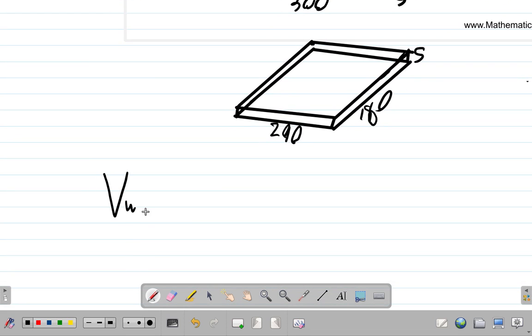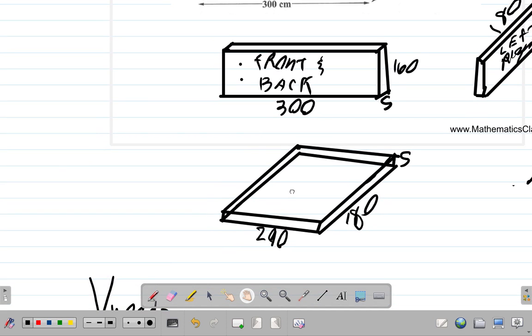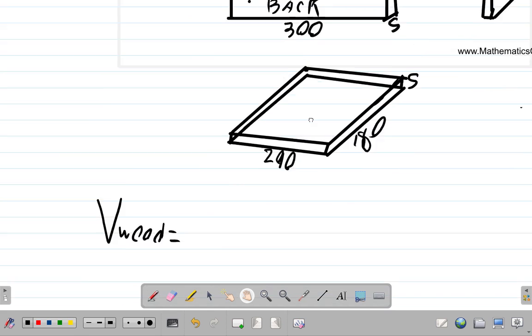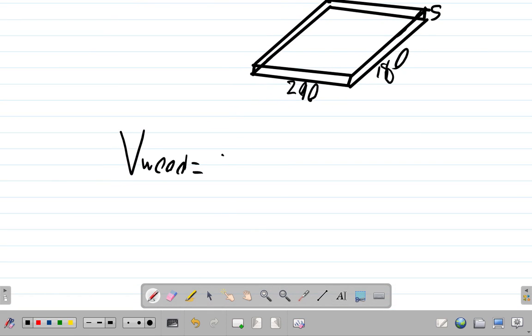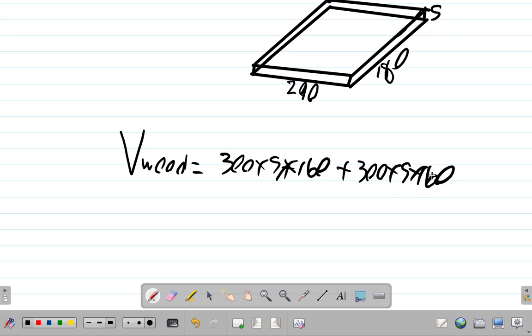So V would be 300 by 5 by 160 for the front, and the back would be 300 by 5 by 160. You could just multiply this by 2, because that's what they are. By 2 plus.